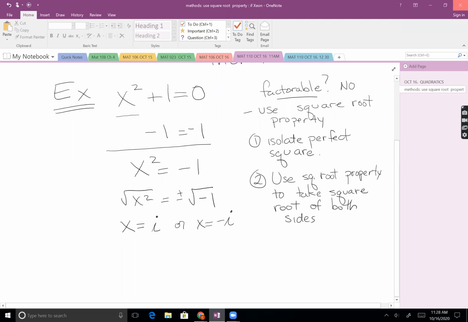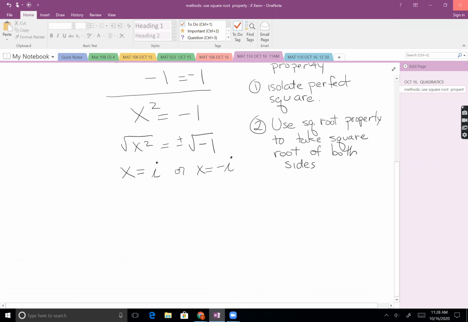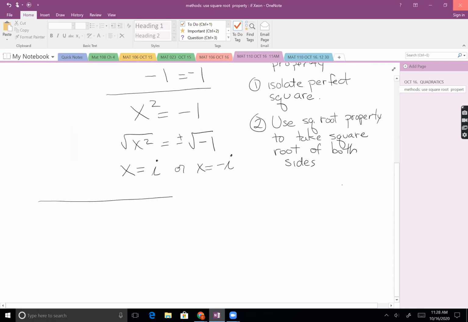Positive i or negative i. And so that's one of the reasons that we need this i. We need to be able to solve equations that might not have real roots.